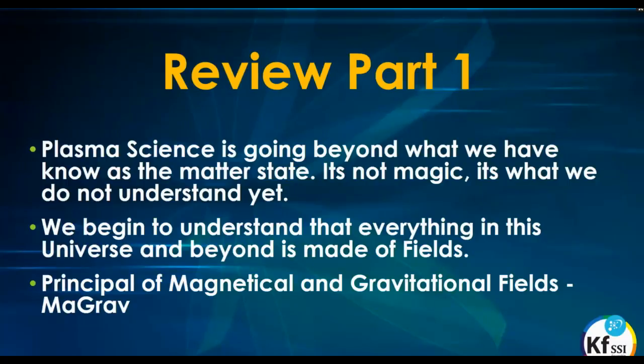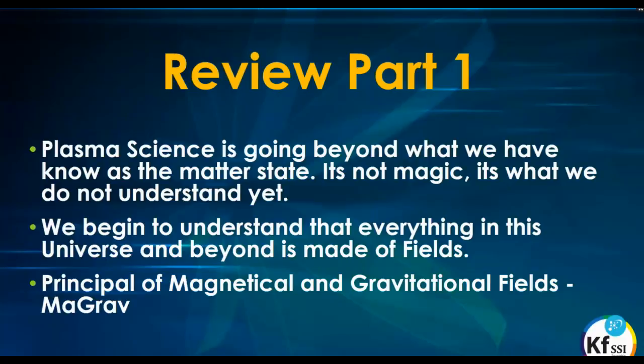So we'll do a bit of a review just to get our minds thinking on the science part again. And so the science is essentially going beyond what we've always known as the matter state. And we're beginning to understand that it's not magic. It's just what we have not understood as yet. And as we're beginning to unfold and understand the science, it becomes a bit more clearer. And we begin to understand that everything in this universe and beyond is made of these fields.